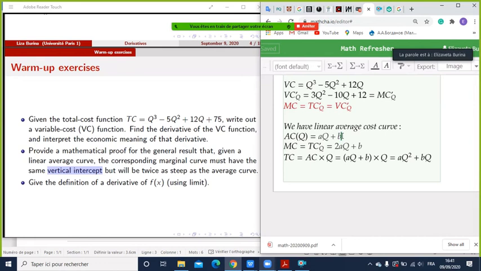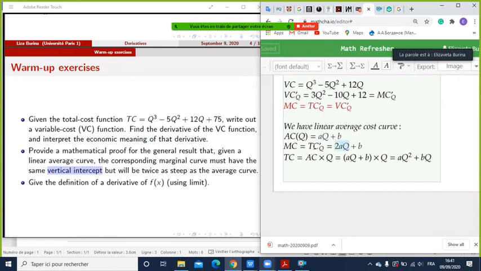So if you didn't get this completely, it's okay. The main goal was not even vertical intercept. The main goal was to show that the curve will be twice as steep.